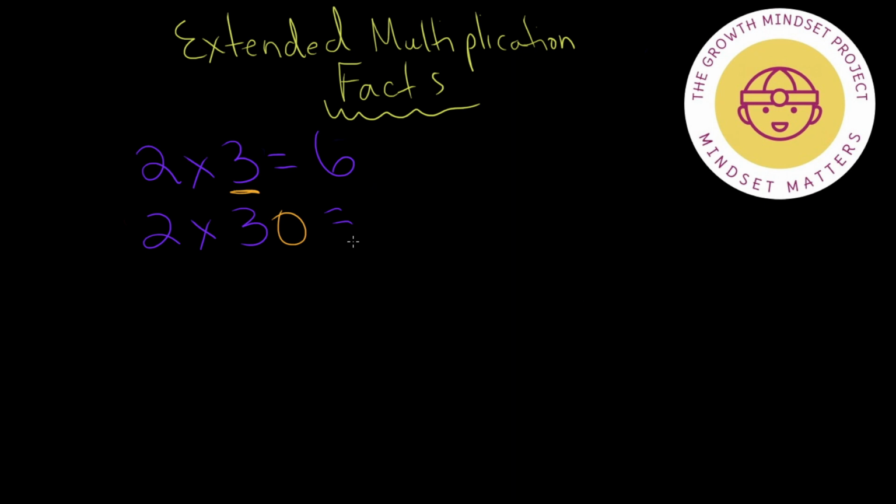And I want you to think about, how can I solve this problem? What is a rule that I can come up with? What is a rule that I notice when I look at this problem? Well, there's something that should stick out to you. The thing that should stick out to you is that you still have 2 times 3. Okay? Well, we know what 2 times 3 is. We know that 2 times 3 is 6.